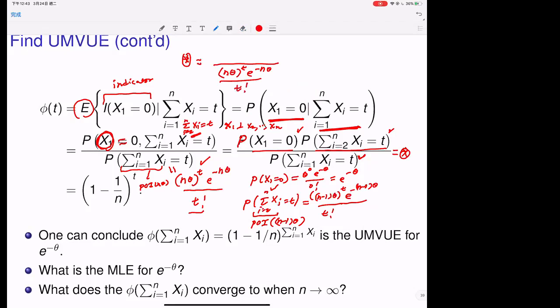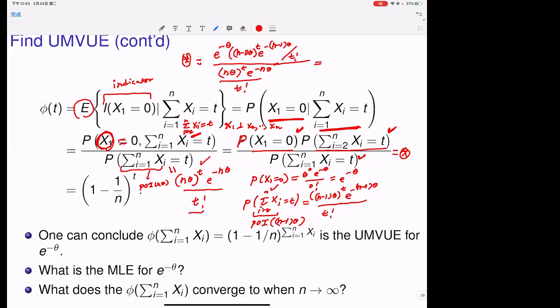I also have this probability right here: it's e to the minus theta. And I also have a probability right here, which is n minus 1 theta to the t, then exponential of minus n minus 1 theta, divided by t factorial.